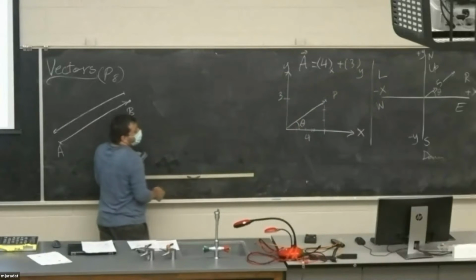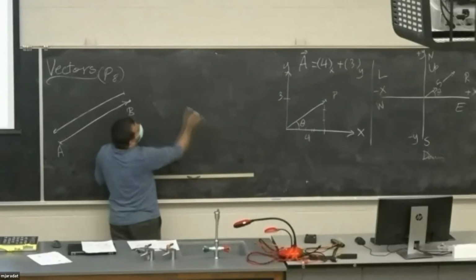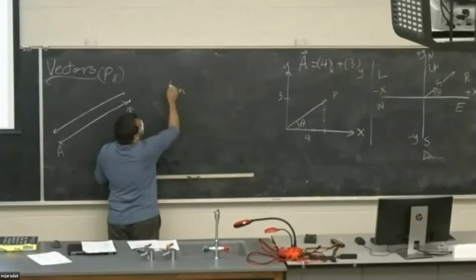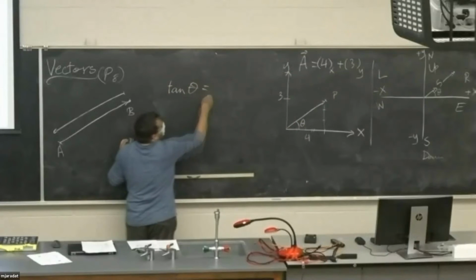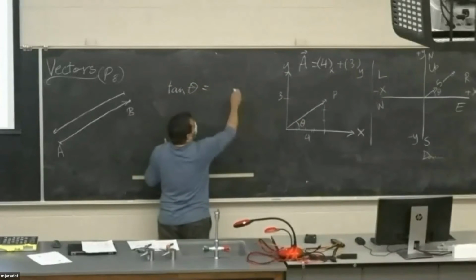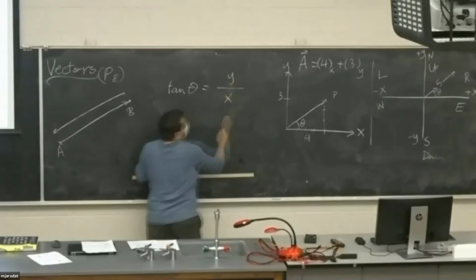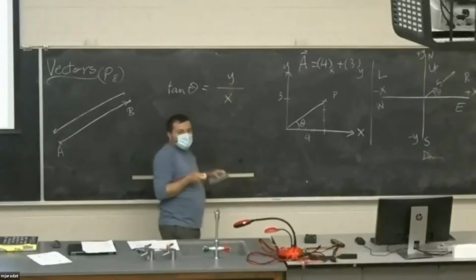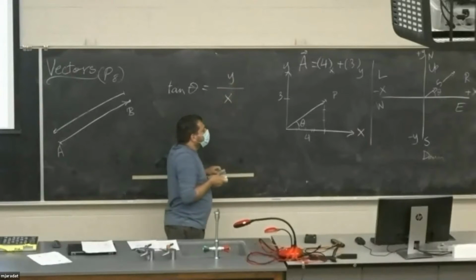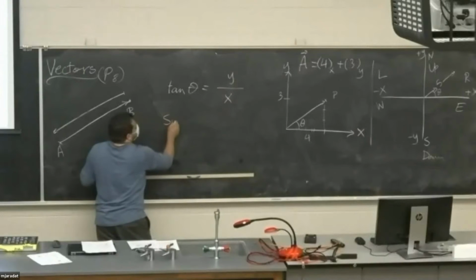Now the angle theta. We can find theta by using this: tan theta is equal to the y component over the x component. We also have sine theta and cosine theta.